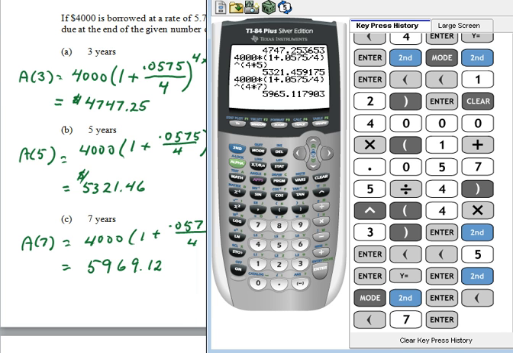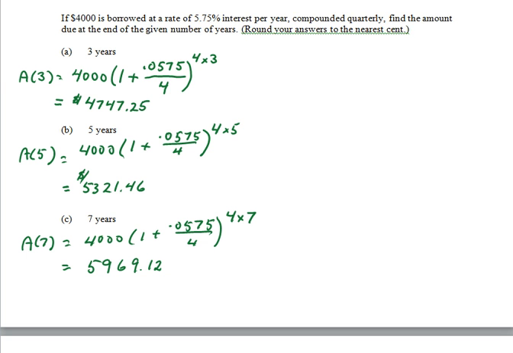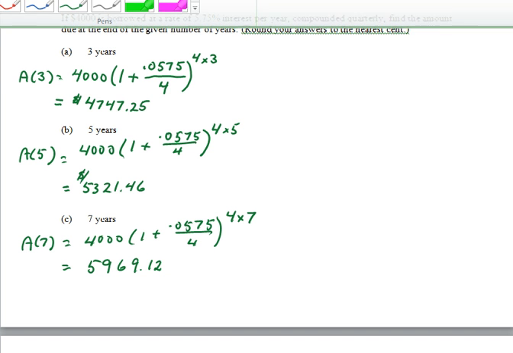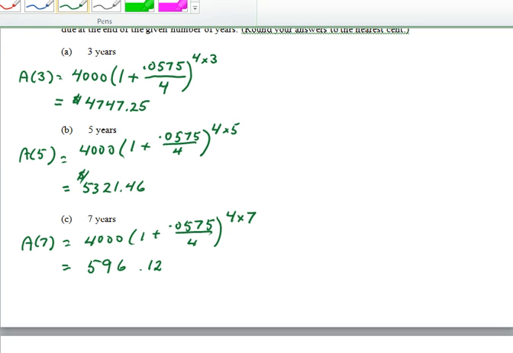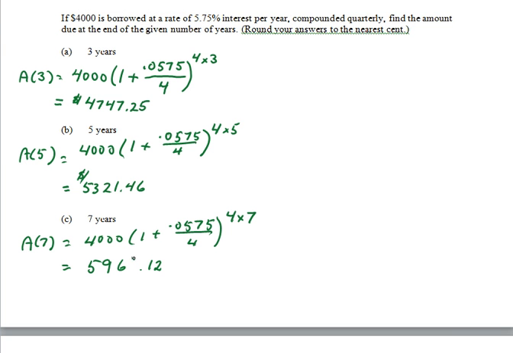So $5,965.12 is the amount after 7 years.